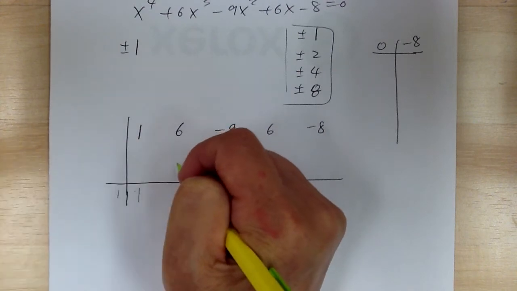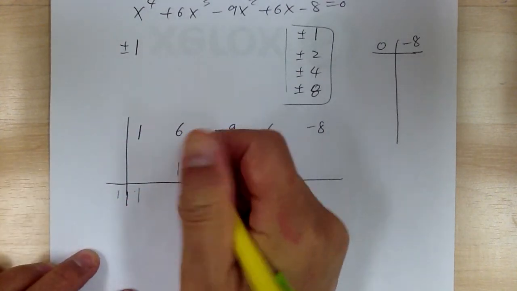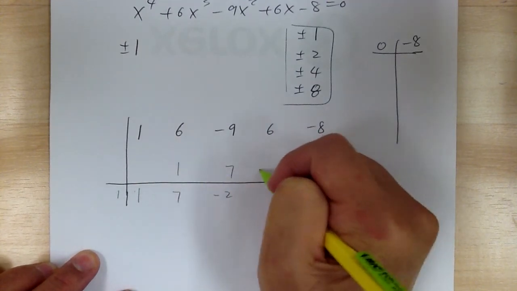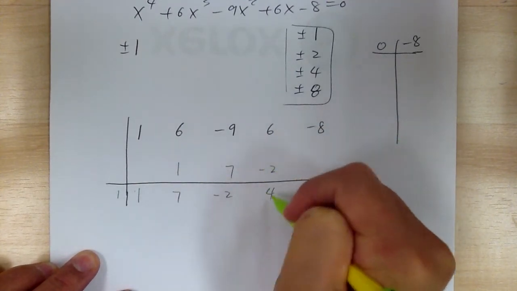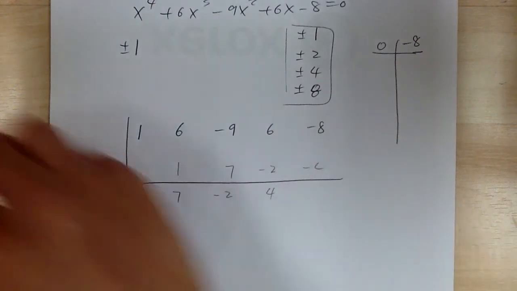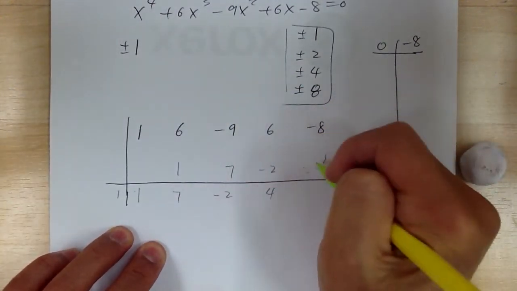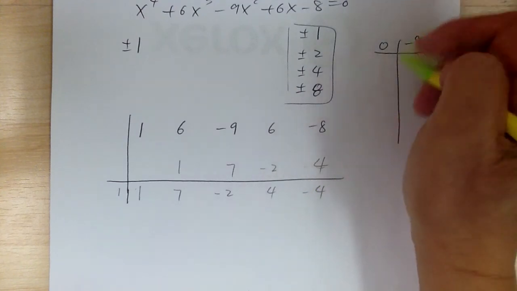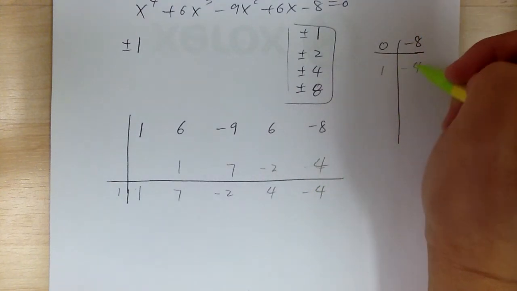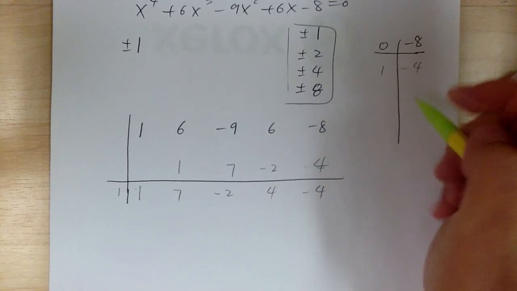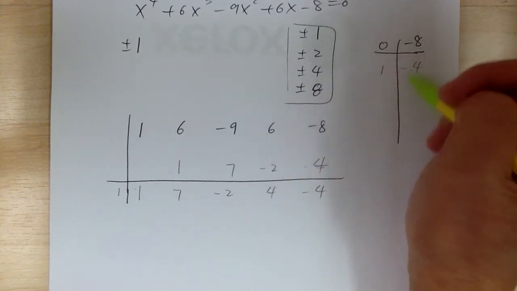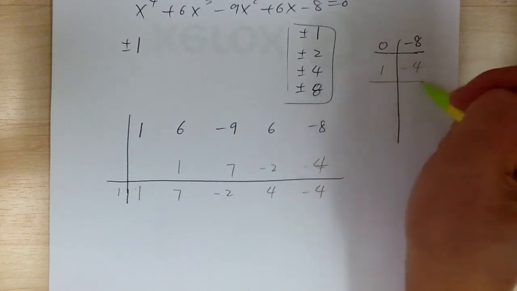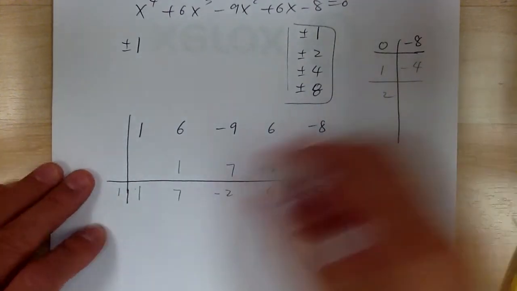So you multiply, then you add, multiply, you add, multiply, you add, multiply, then you add. So you try 1, you're going to get negative 4. Okay? Now, those are getting closer, right? So you might want to try 2 next, right? Okay, so try 2 next.